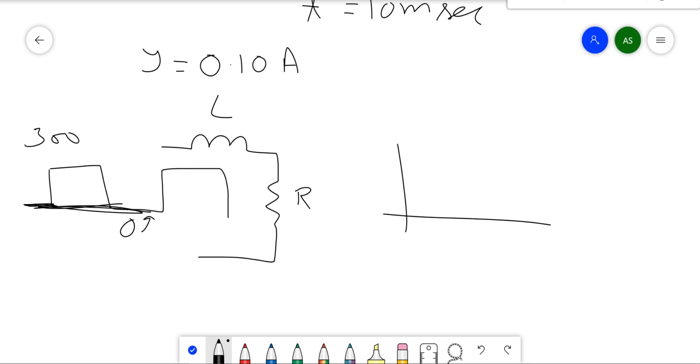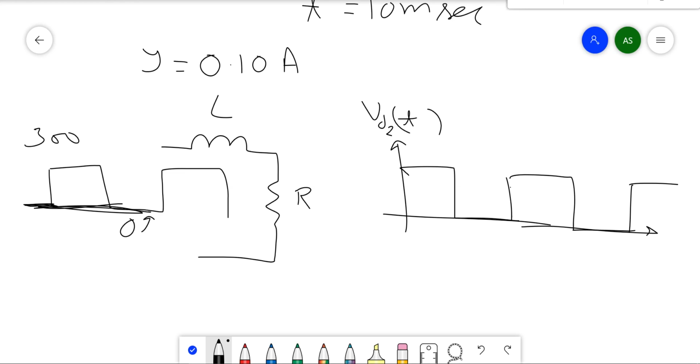Okay, so let's see what will be the DC value of this waveform. If you want to calculate the V naught DC of this waveform, this is the waveform, this is 300, this is 0, this is pi, 2 pi, like this. So the DC value is the area under the curve divided by total duration.